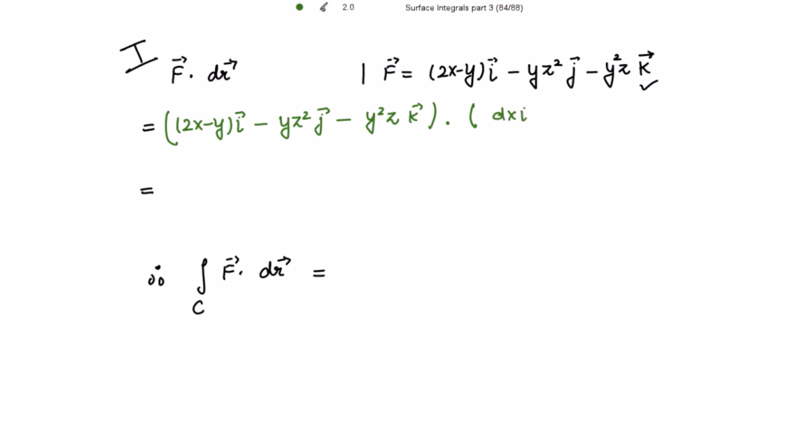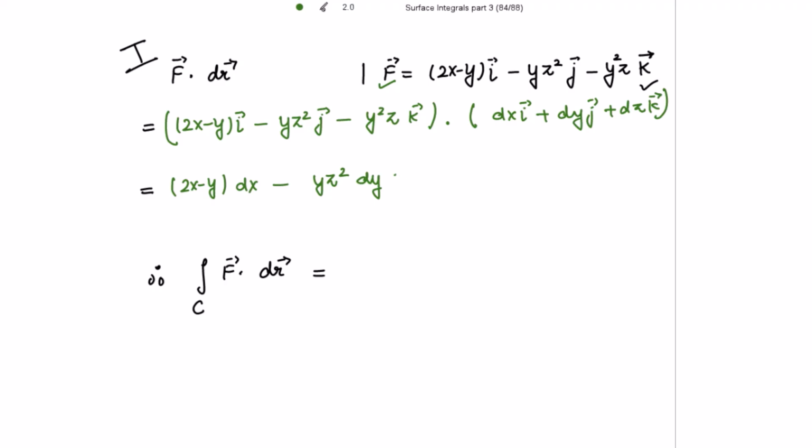So dr vector is dx i vector plus dy j vector plus dz k vector. This is the same example as that of the previous content. Only f vector is different. When taking the dot product, we get (2x minus y) dx minus yz² dy minus y²z dz.